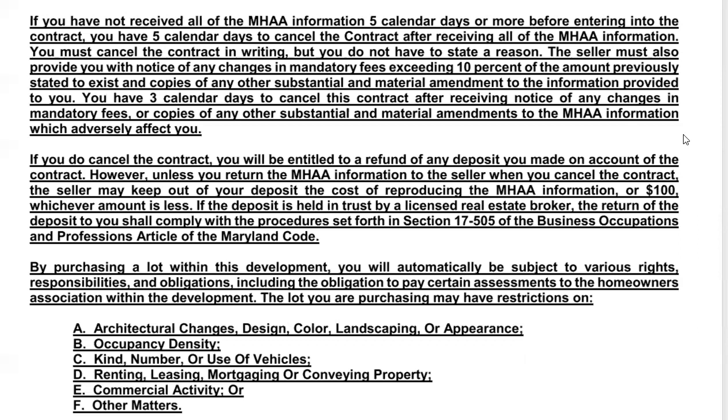Basically, once you get the documents for any reason, you have a 5-day window to cancel. If you do cancel, you will be entitled to a refund of any deposit you made on account of the contract. So this states outright that as long as you cancel within this 5-day period, the buyer should get their earnest money deposit back.